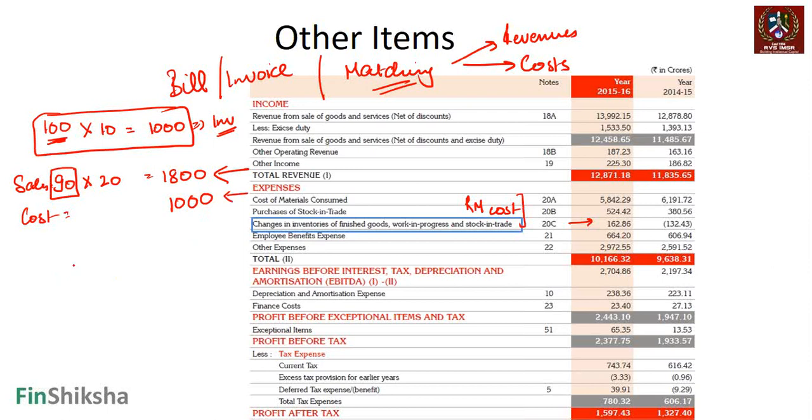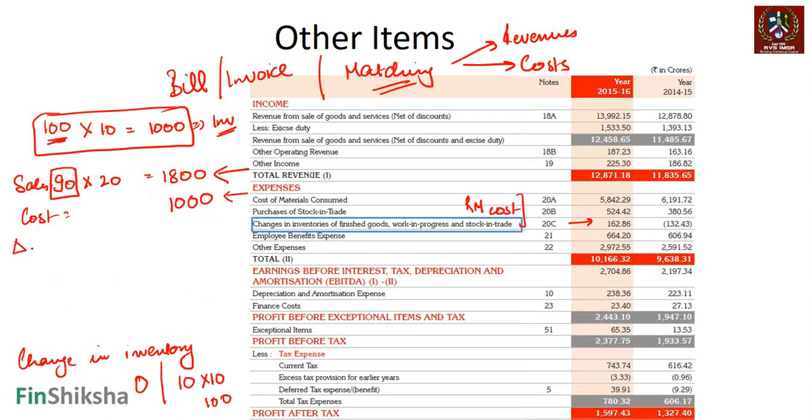So what do you do? You try and find out what is the change in inventory. Now what would be the change in inventory? Inventory at the beginning would be 0. Let's assume it is 0 at the beginning. At the end of the year, that would be 10 bottles of raw material worth rupees 10. That's the inventory. So that's 100. So the inventory has increased by 100.